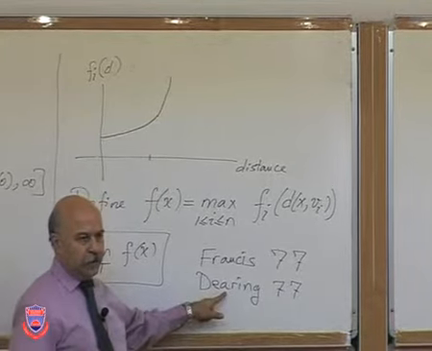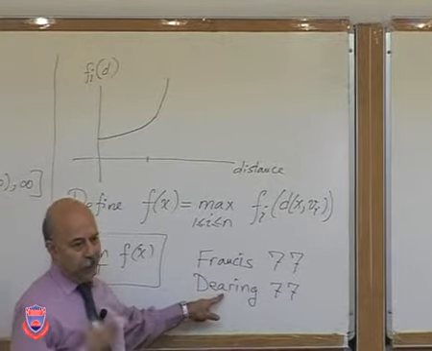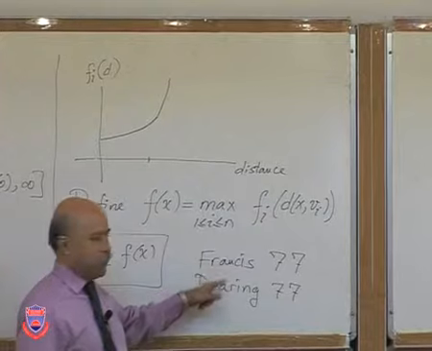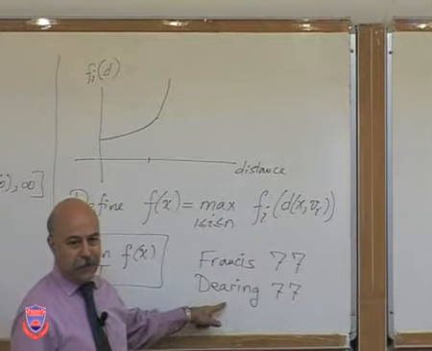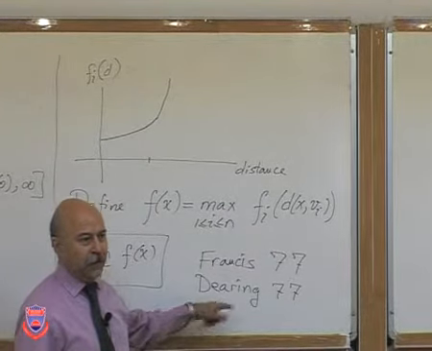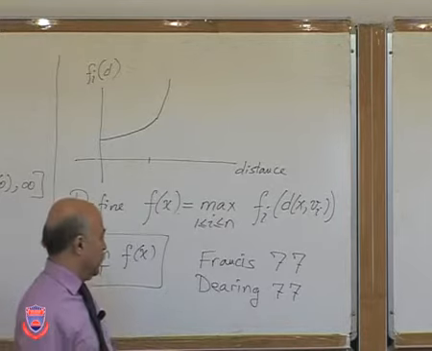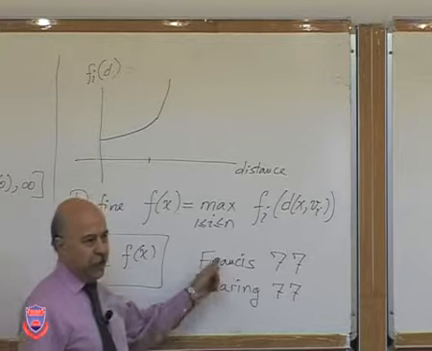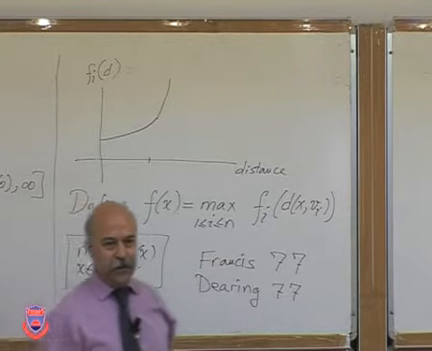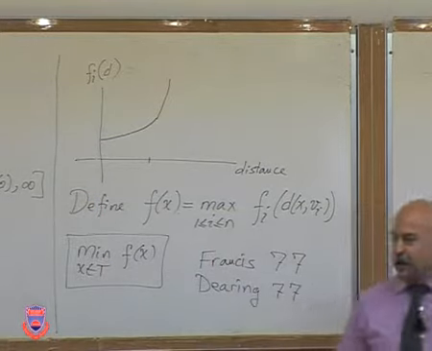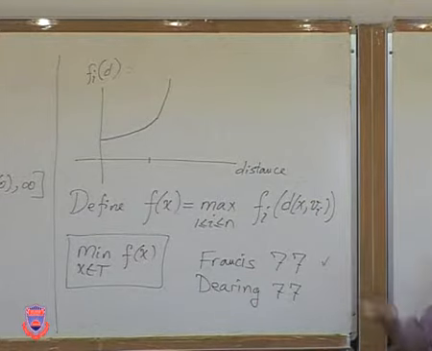The first one is Deering. My guess is that Francis was probably referring to this particular paper, and then he found certain results, and then he either wanted to co-author with Deering or perhaps just decided to publish it separately. So they are related papers. But I'm going to mostly focus on that one.